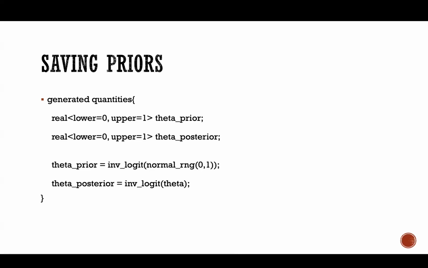So if you ran 2 chains with 1,000 iterations of warm-up each and 2,000 iterations after warm-up each, you have 4,000 samples, right? And so here it's going to extract 4,000 values from this distribution, pass them through the inverse logit, and save it in theta prior.